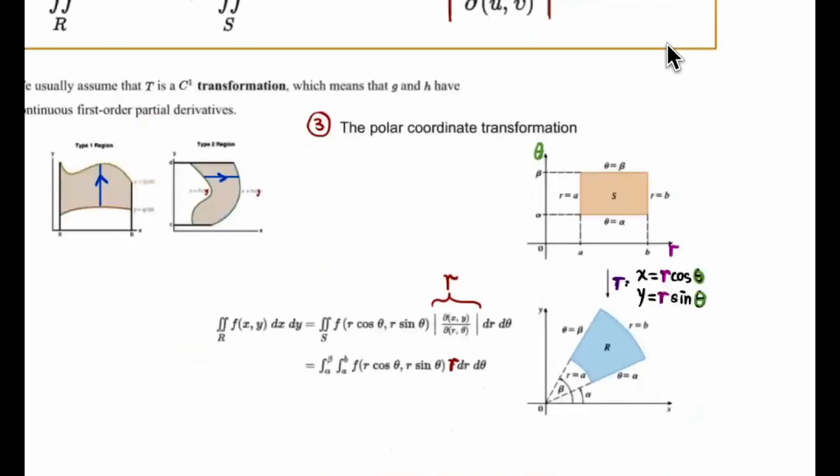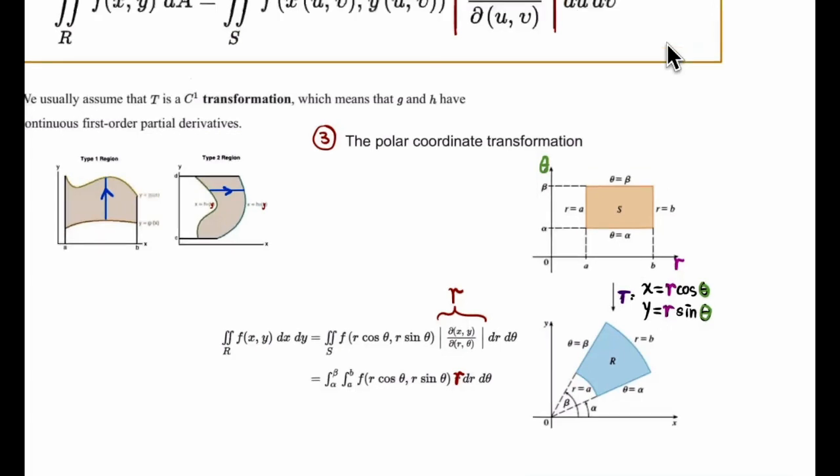We call it the polar coordinate transformation, which transforms this region in the r-theta plane to this region on the XY plane. That transformation is given by x equals r cosine theta, y equals r sine theta.